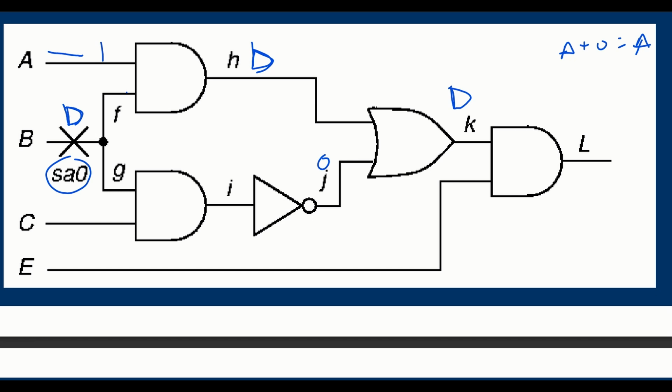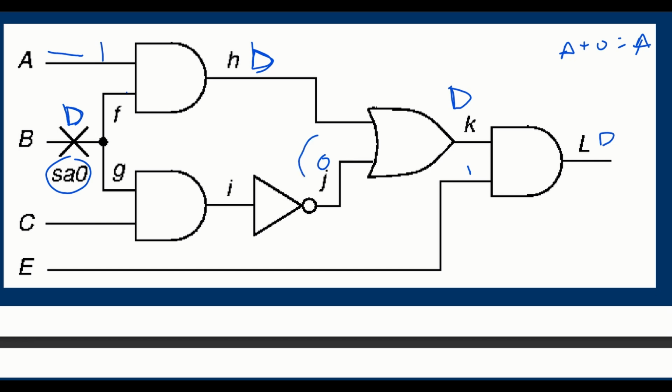Then we come to another AND gate, and because we have D into an AND gate with E, we have to make here 1, so that the error D will propagate forward. But before you go all the way, anytime you assume a logic value for another gate's output, try to go back and see if it's reasonable.